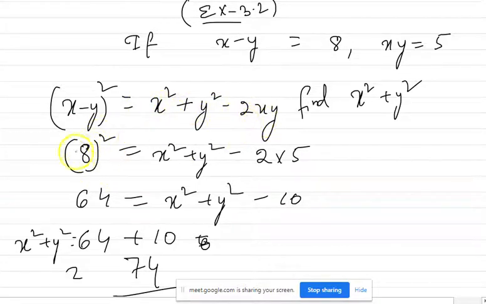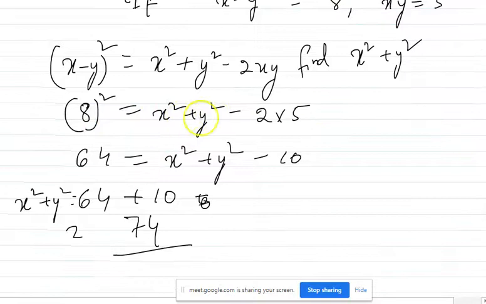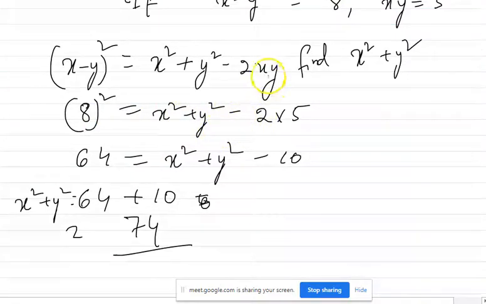Then the value of x minus y is 8, so 8 whole square. And this is x square plus y square minus 2xy, what is the value of xy? 2 5s are 10. So 8 square is 64. Then x square plus y square, minus 2 5s are 10, I took the minus to the other side, so minus becomes plus. So 64 plus 10 is 74.